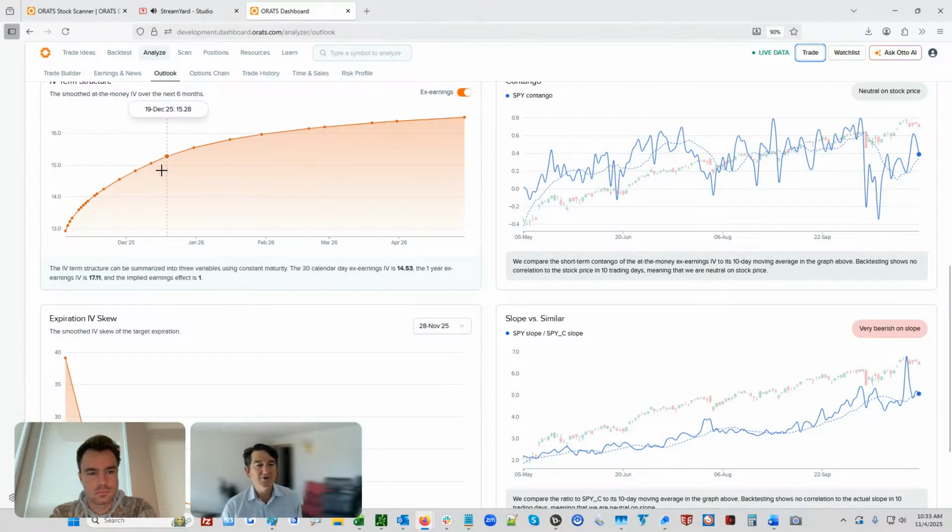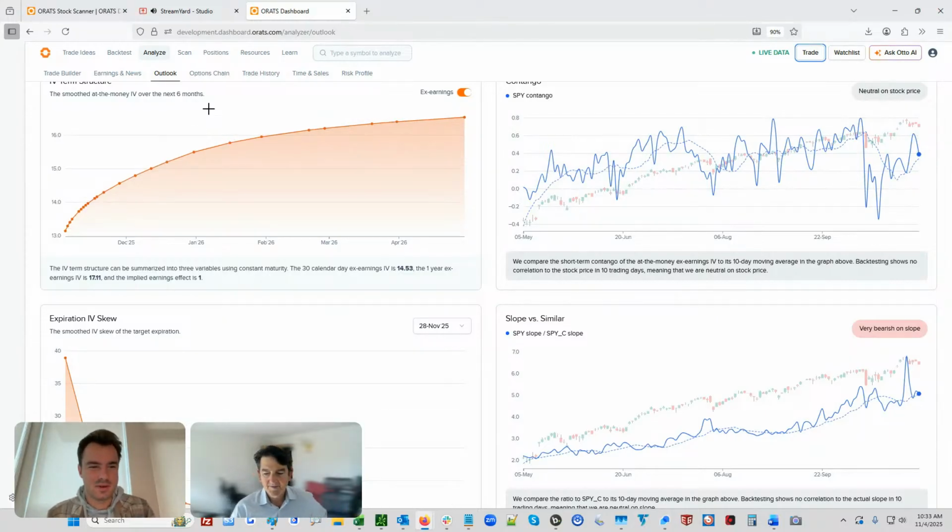People are saying, oh, vol's high. No, right now the back months are really high compared to the front. So it sure seems to me like if the volatility stays here, this contango might come out of the market too.